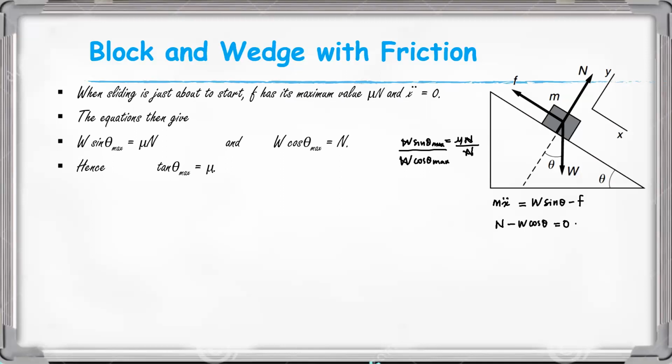What does it mean? This is the value of the angle of the wedge at which the block is about to start sliding.